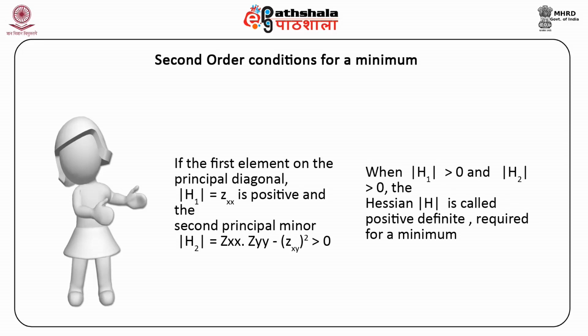When H1 is greater than 0 and H2 is greater than 0, the Hessian determinant is called positive definite. A positive definite Hessian fulfills the second order conditions for a minimum.